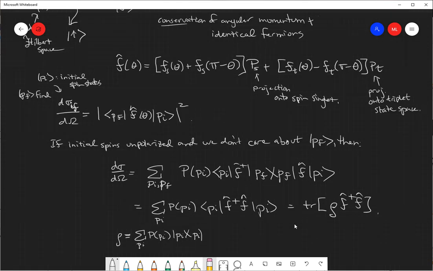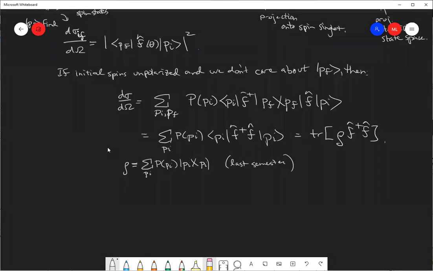Remember from last semester, important concept when we were dealing with adding classical uncertainty. If we don't know which particular ket we're in. And that's what would happen if you have an unpolarized beam. We wouldn't know which particular ket we're in.